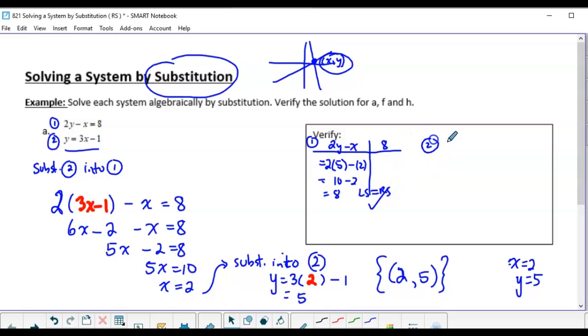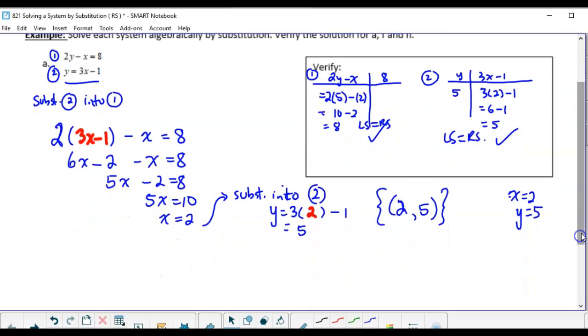Then the second equation, you always have to check into both. So y is 5. 3 times 2 minus 1 is 5, right? So left side equals right side. So that verifies. You always have to check your point into both lines.